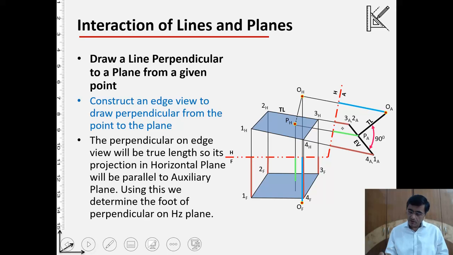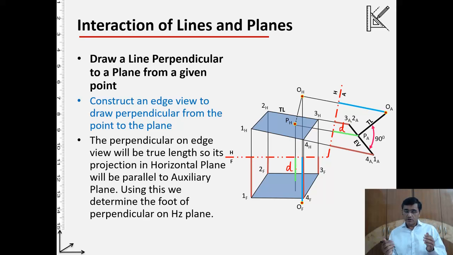So you will notice here, if this is distance D, here also this is the distance D, because we know the auxiliary plane and horizontal plane are orthogonal, and the horizontal and the frontal are orthogonal. And we have already understood this concept. With respect to the horizontal, say auxiliary is here, frontal is here, and this line, its distance from the horizontal is the same whether I project it onto the frontal or onto the auxiliary.